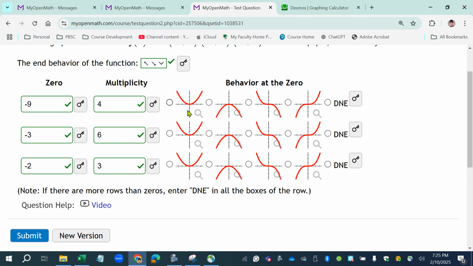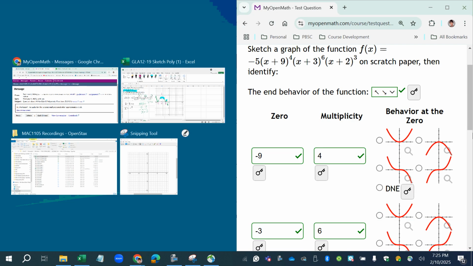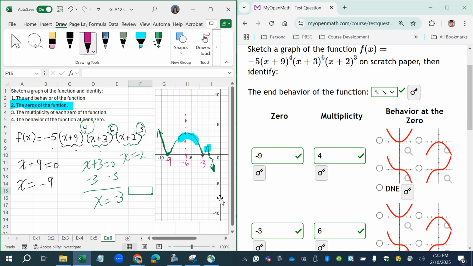So really all we need to do is grab the picture that matches the behavior at each 0. So I'm going to just put our sketch side by side with our choices. And so notice that the behavior at x equals -9 was a U-shape with the ends pointing up. And at -3, we had the same kind of behavior.